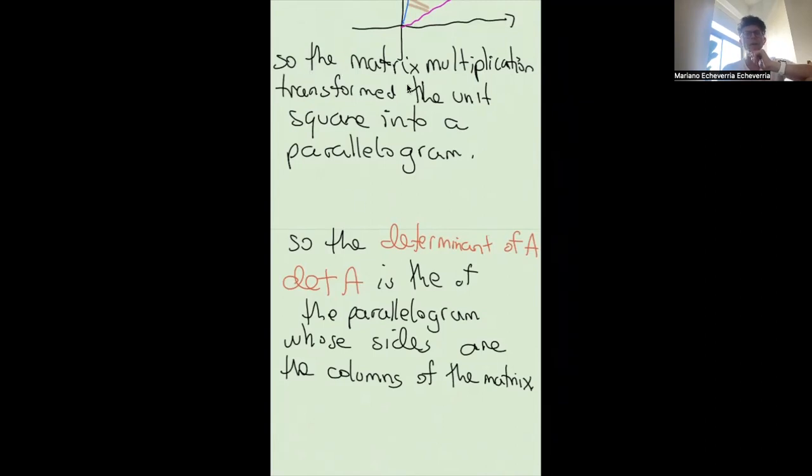Okay, so the thing is that you have to be a little bit more careful, because there are actually a couple of possibilities. It ends up being useful to give a sign to the areas, or to the determinant.